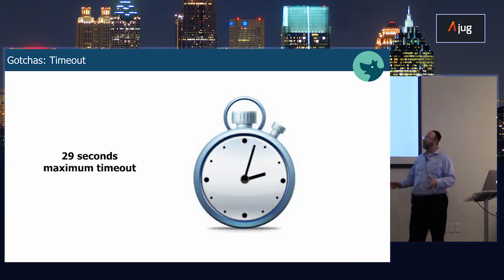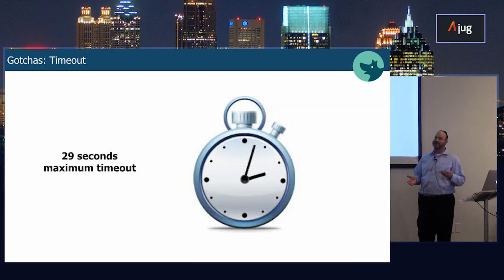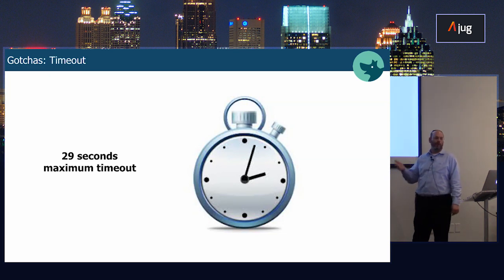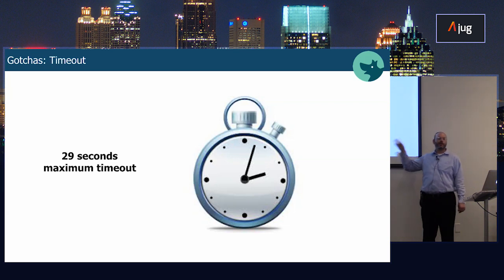And so this is kind of frustrating. Your options really are to either break out your APIs into multiple APIs or to create an asynchronous API, such as you'll then be polling or have a webhook or something like that. But again, the frustrating part is that you don't know you have a problem until you actually hit it. And it's at that point that you've got to deal with it.